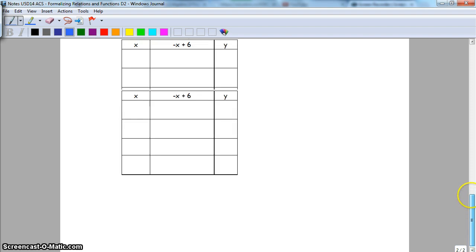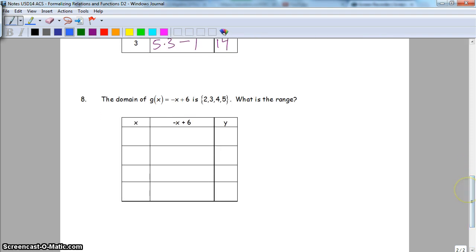All right, so the last one, go ahead and press pause. Give it a chance. Go on, press pause. Give it a try. You can do it. Hopefully you got 2, 3, 4, 5 as your domain because they told us that's our input.